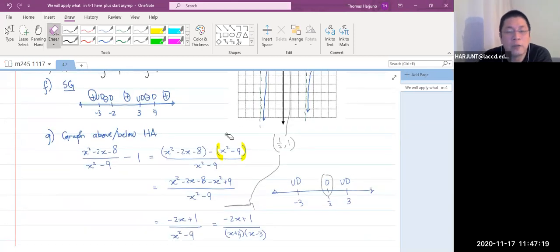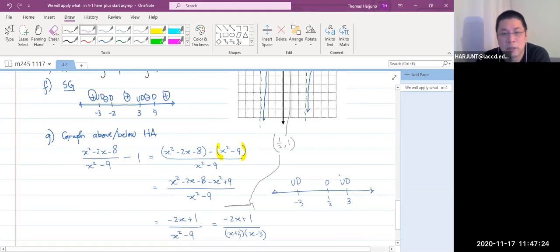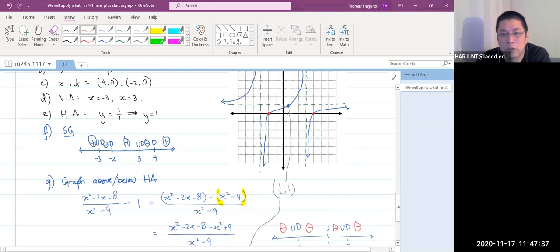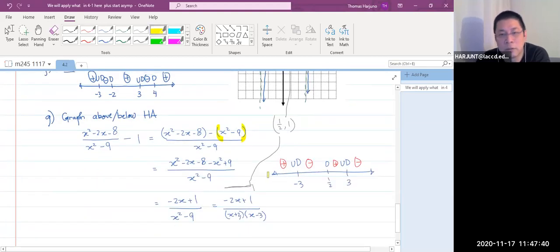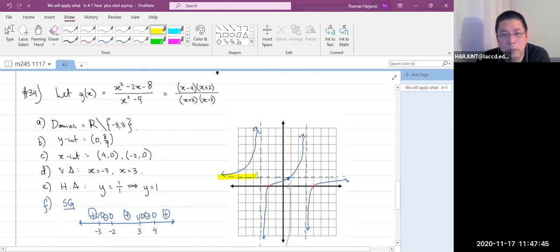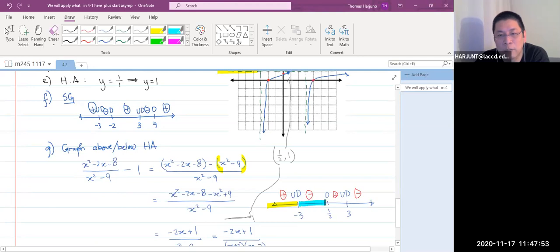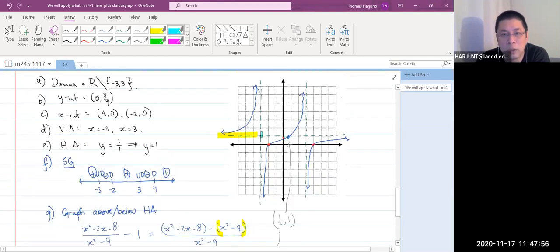Okay, and then how about the sine graph? When you plug the numbers in, you will get negative, positive, negative, positive. So to the left of -3, it will be above the horizontal asymptote. Between -3 and 1/2, that's below the horizontal asymptote.